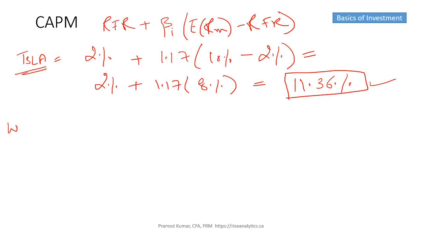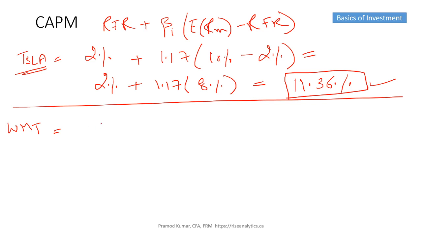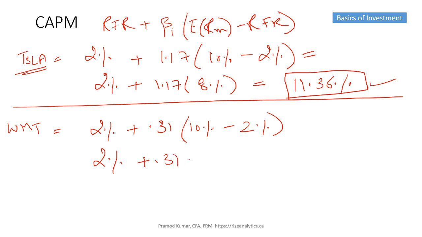But at the same time, if I go to Walmart, the formula is pretty straightforward, right? So 2% plus 0.31 times 10% minus 2%. I know this is the same: 2% plus 0.31 times 8%.